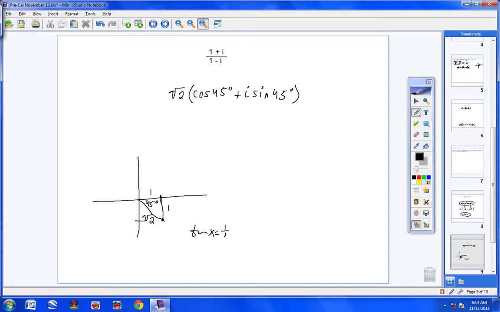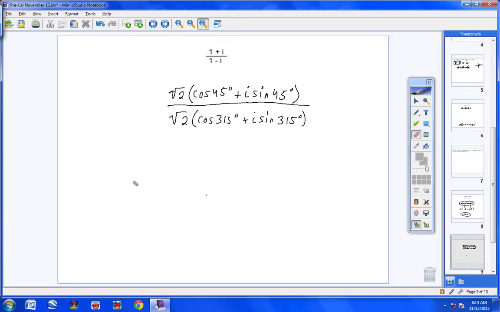We're going to start here and go all the way around. It's 315 degrees, okay? So this bottom number written in standard form, when we write it in trig form, is going to be square root of 2, parentheses, and then cosine of 315 degrees plus i sine 315 degrees. All right, so there we go.